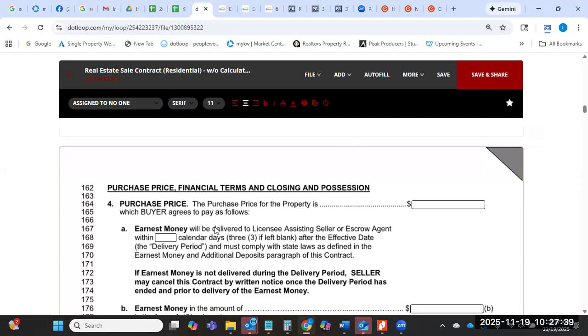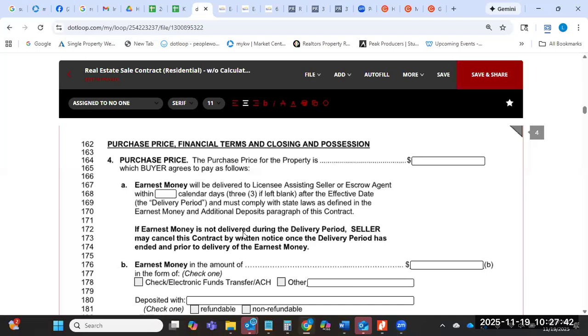The earnest money. It says right here in this paragraph that the earnest money will be delivered to the licensee assisting the seller or their escrow agent within blank calendar days, and our default there is 3. If you know that your buyer cannot get the earnest deposit in that length of time, you need to address it here, not later.